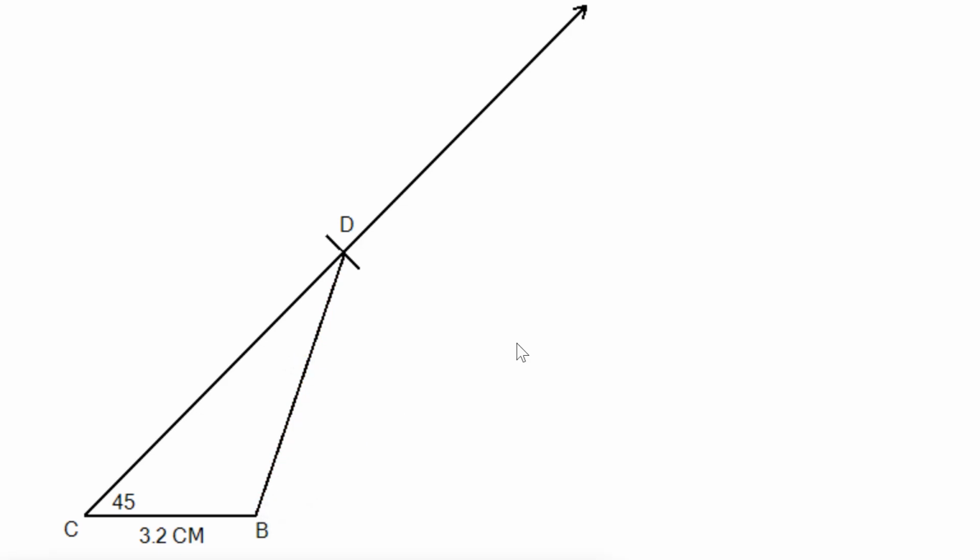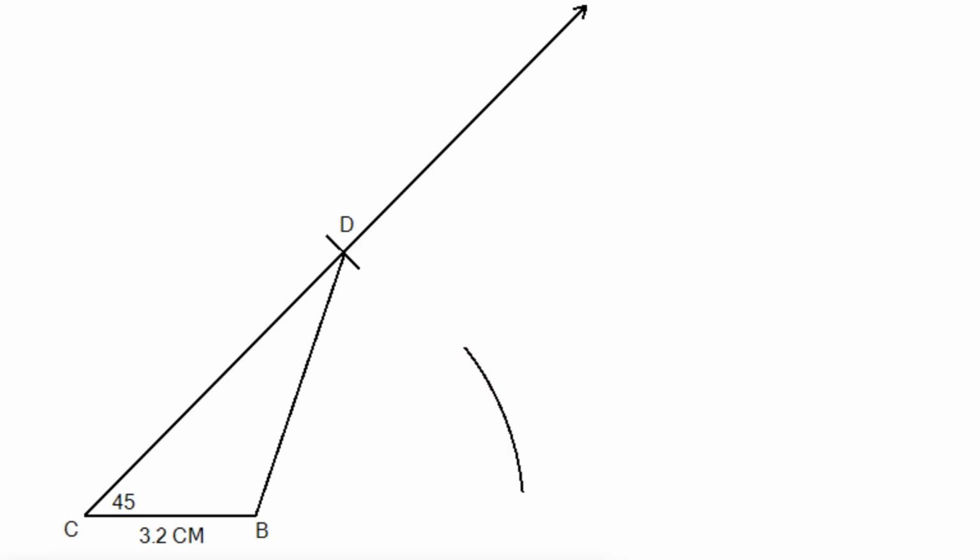Construct the perpendicular bisector of segment BD. So consider B as center with a suitable radius greater than half of BD.